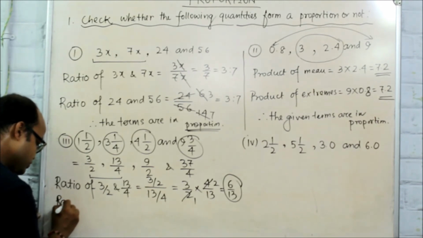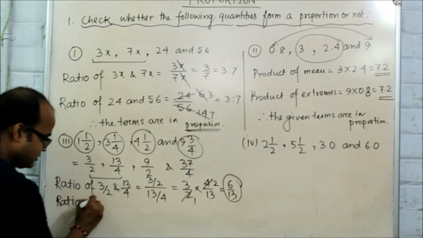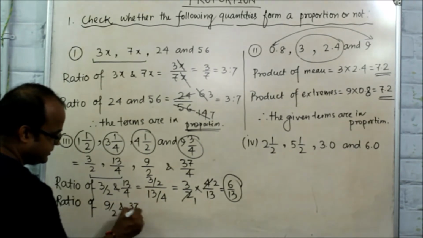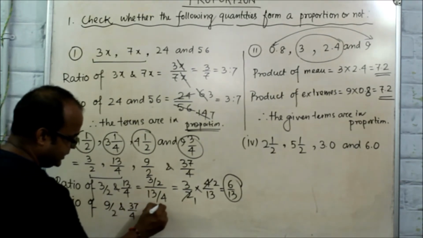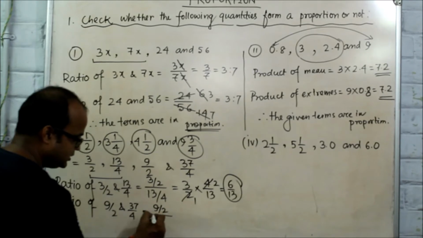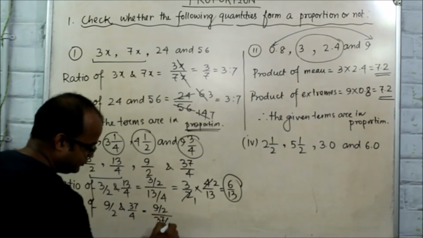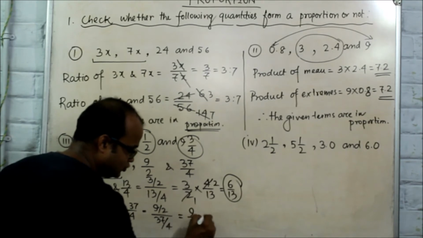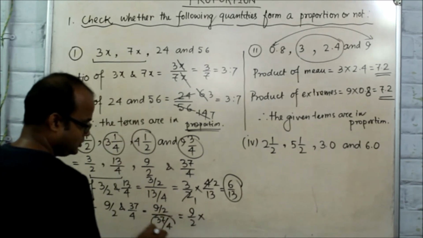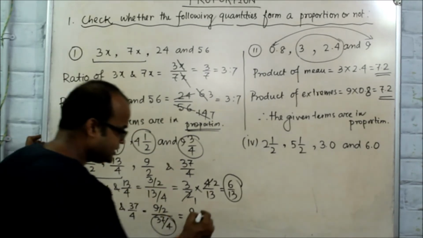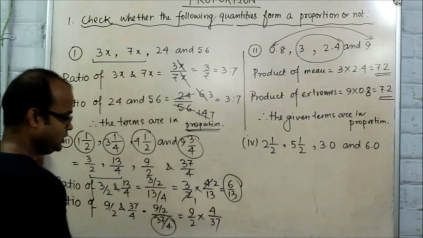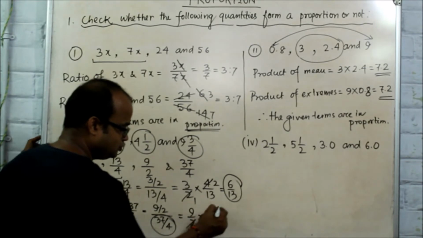So ratio of 9 by 2 and 37 by 4. So 9 by 2 will be in the numerator, 37 by 4 will be in the denominator. So you can write 9 by 2 into, this will become 4 by 37, reciprocal. 2 1 ja 2, 2 2 ja 4.